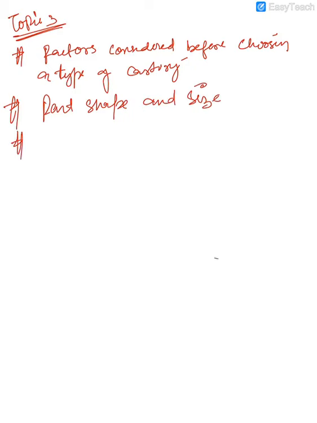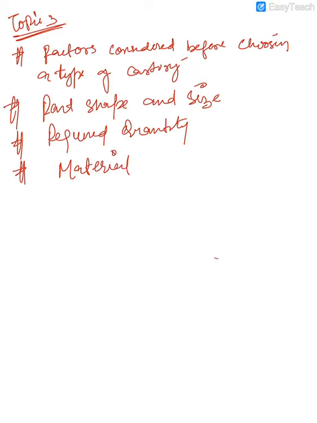Number two is the required quantity. Number three is the material that is to be used in casting. Number four is the tolerance.